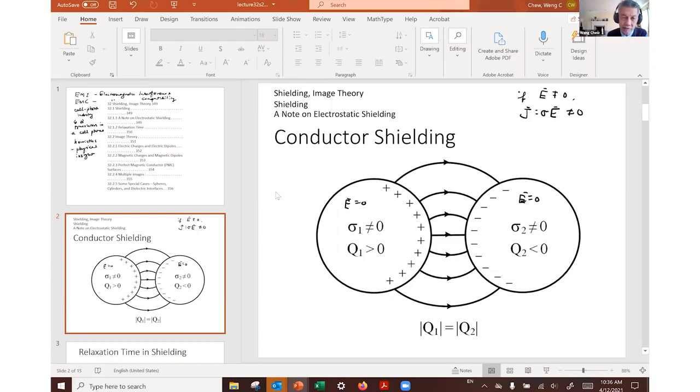And that is not electrostatic shielding, because we want to talk about electrostatic shielding as to what happens in the static regime when nothing else is changing. The only possibility for this to happen is that E has to be 0. Otherwise, we have a contradiction. Okay, so E has to be 0 inside so that J is equal to 0. And also over this side, J is equal to 0. And then only would you have a quiescent state.